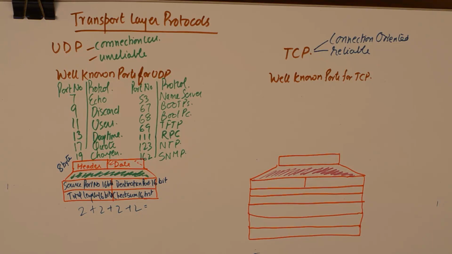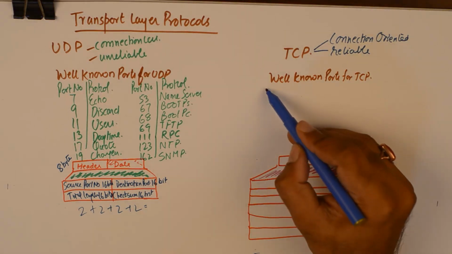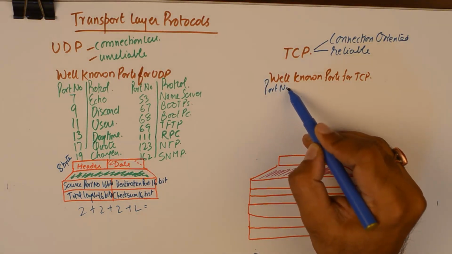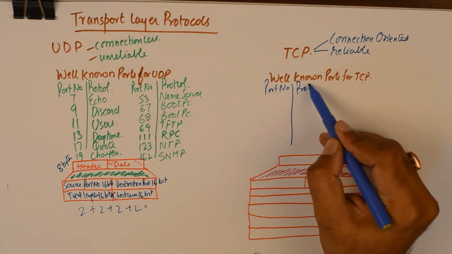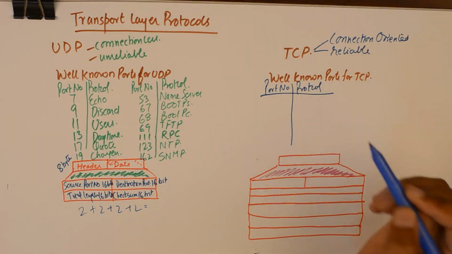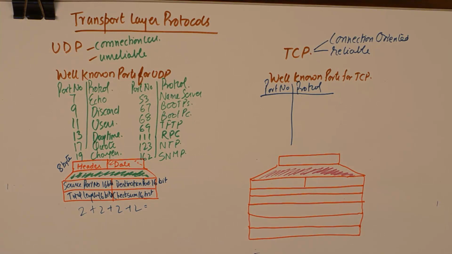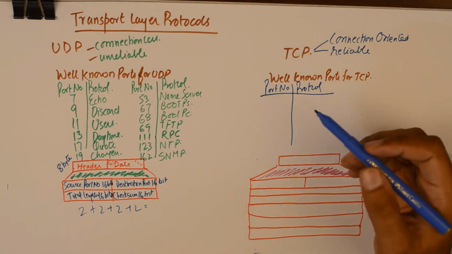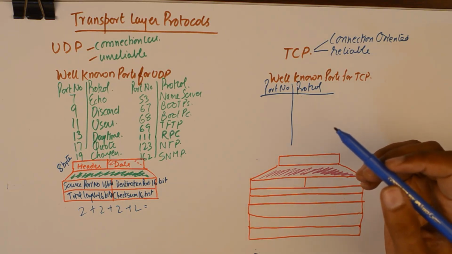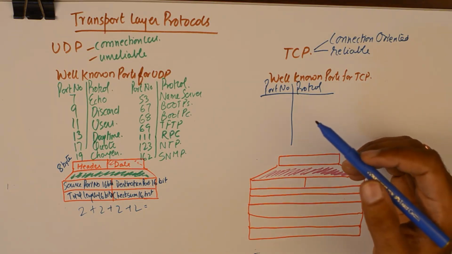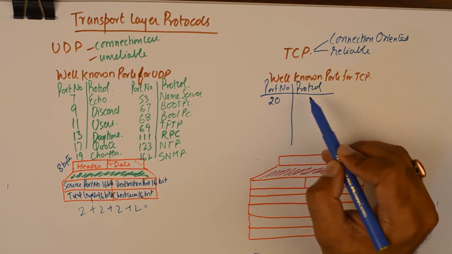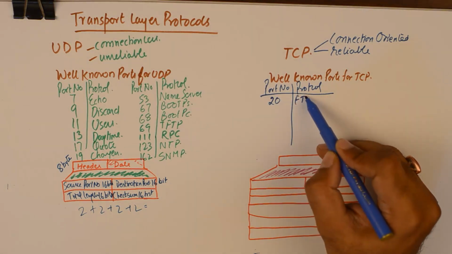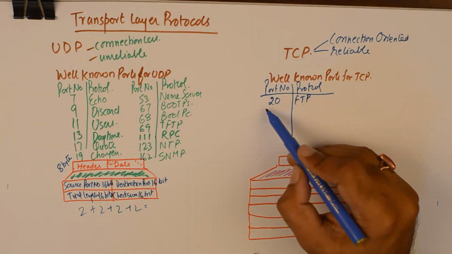And talking about the well-known ports of TCP, I'll again write the port number and the protocol. I'll verbally say the description. I will start with port number 20, which is FTP, File Transfer Protocol.